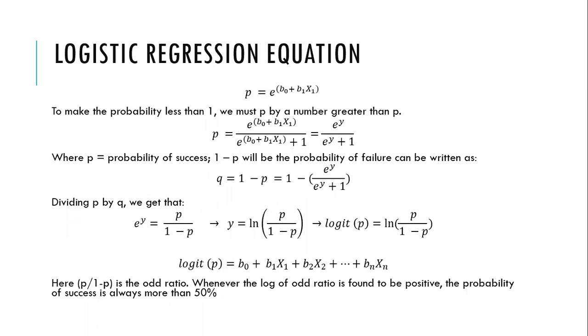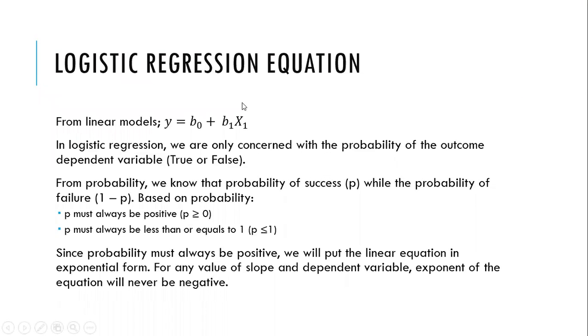So like I said, instead of having the equation be y is equal to b0 plus b1 x1, we say p, which is the probability, would be equal to the exponent of this equation.